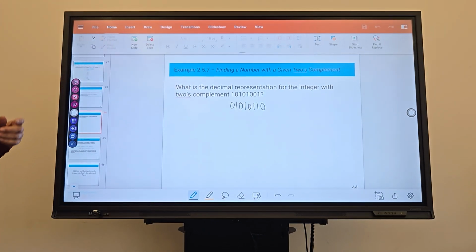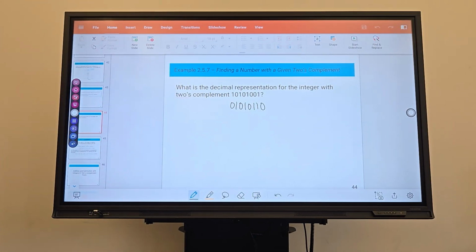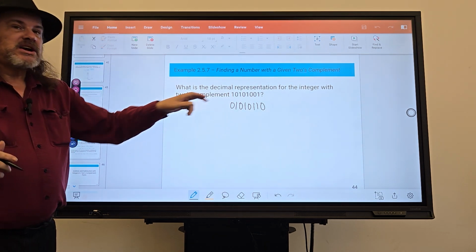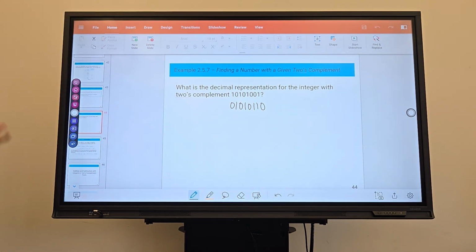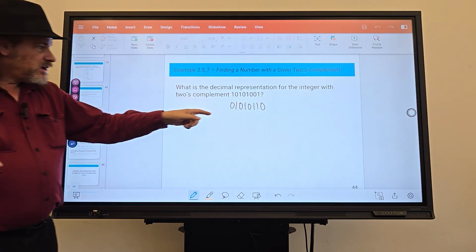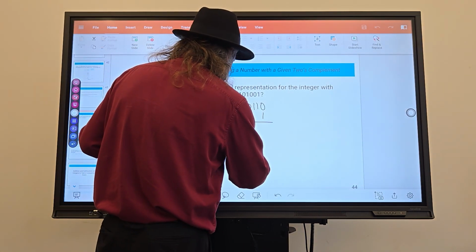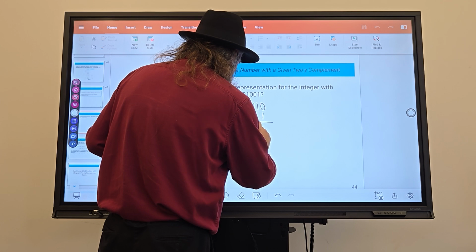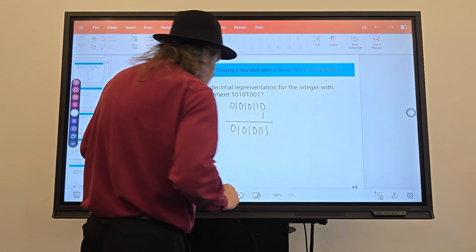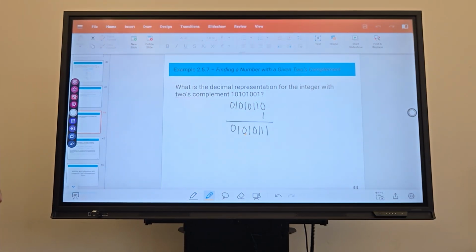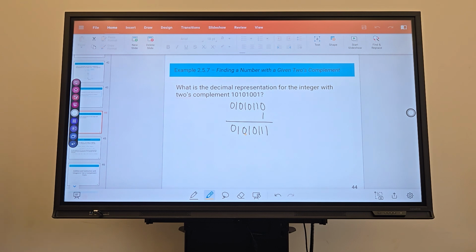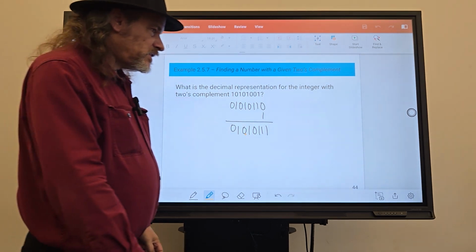Then you find the decimal value of that, and because it had a leading 1, put a negative in front of it. Forgot to add 1. So take the decimal value of this, add a negative sign in front of it, and you have the decimal number.